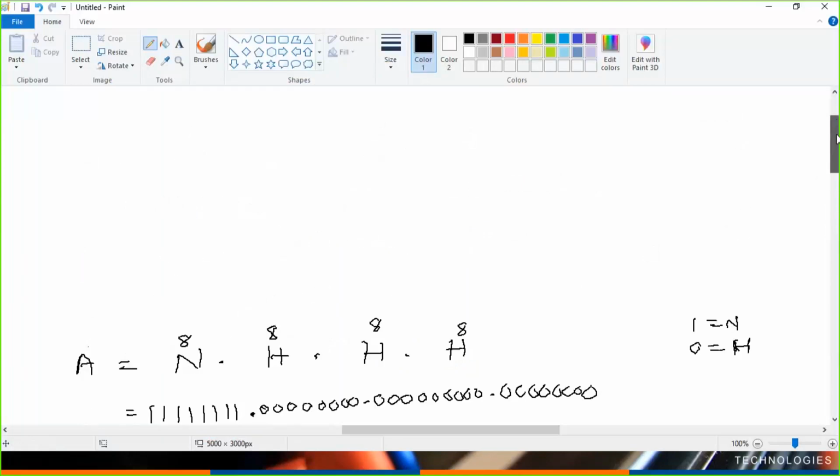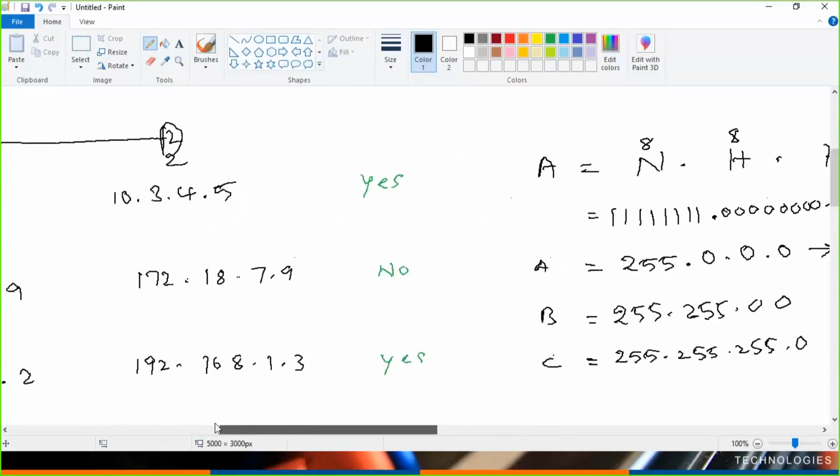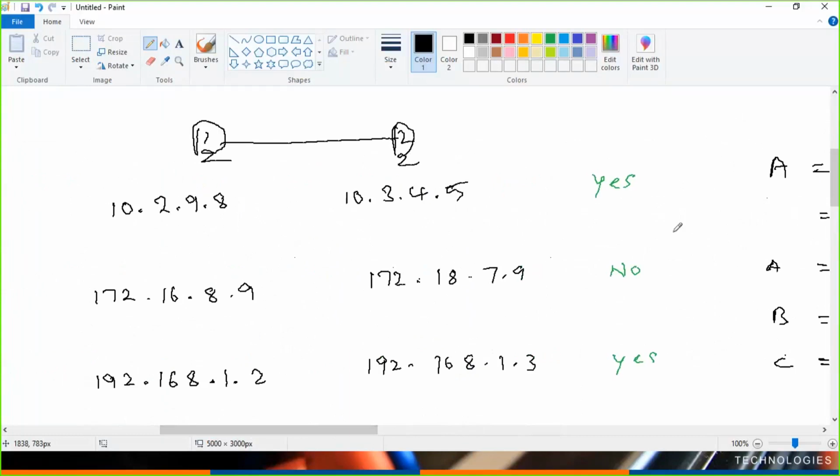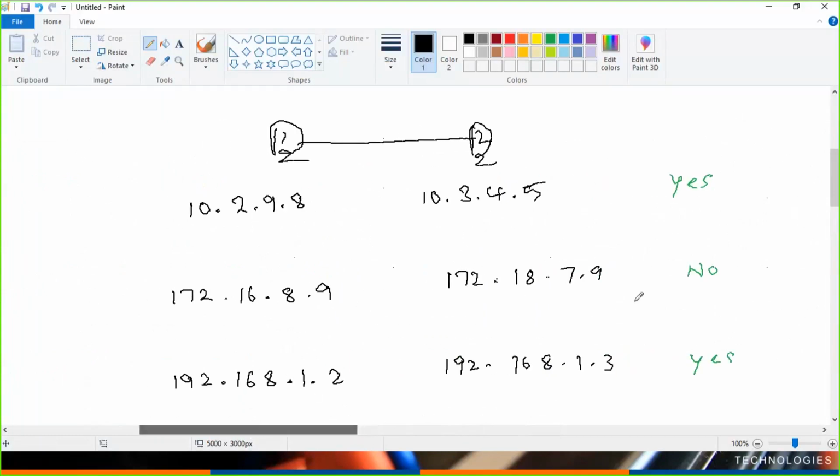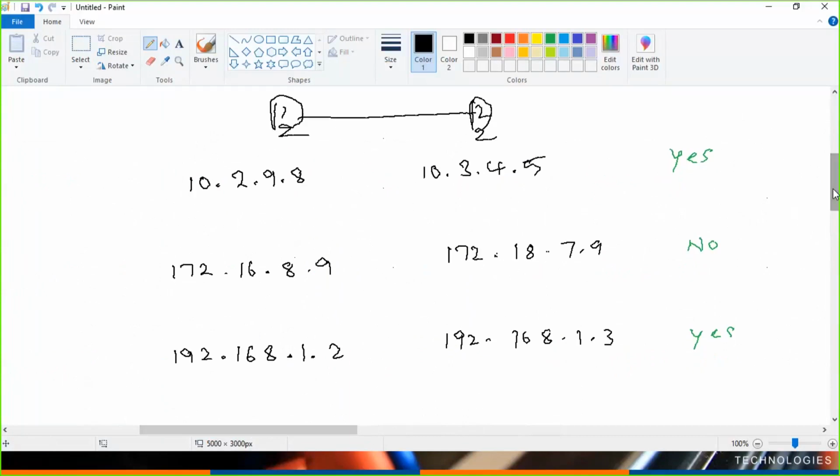See, for example, this is a class A IP address. For a class A IP address, what is the subnet mask? 255.0.0.0. Here also 255.0.0.0.